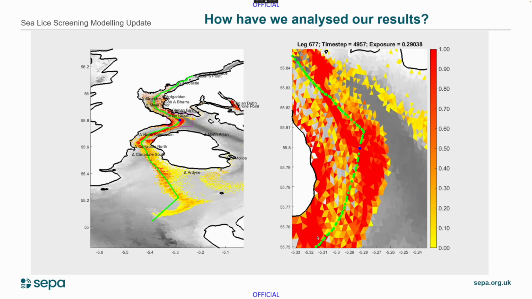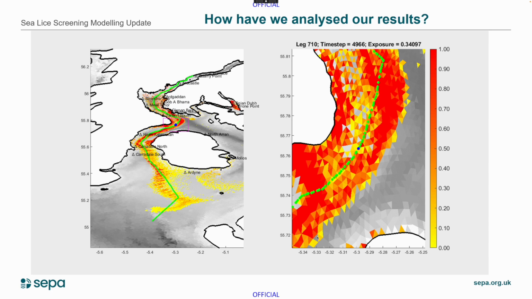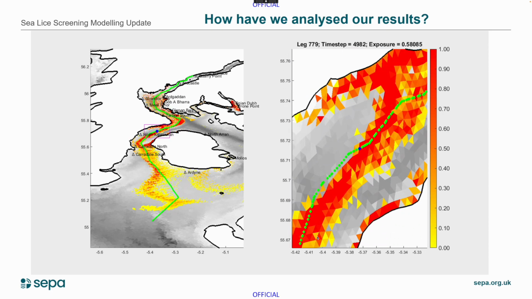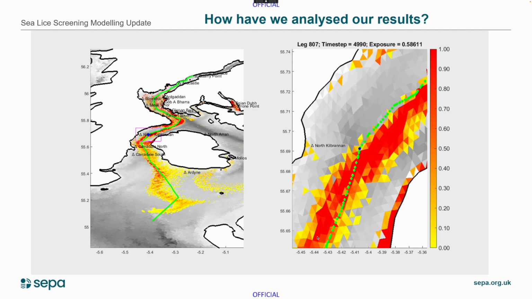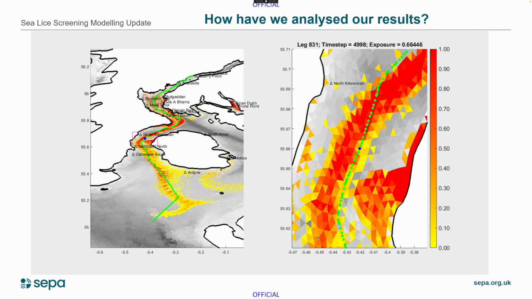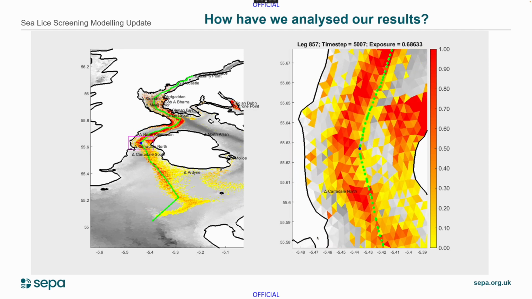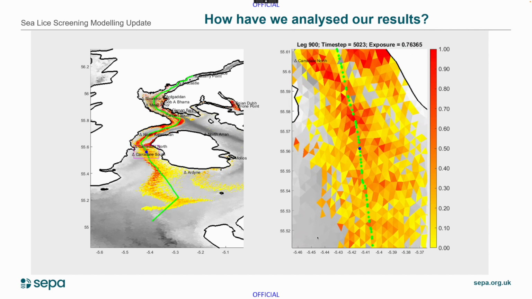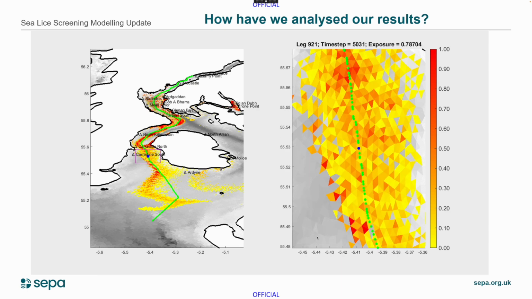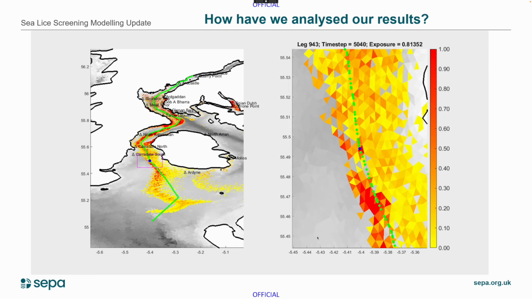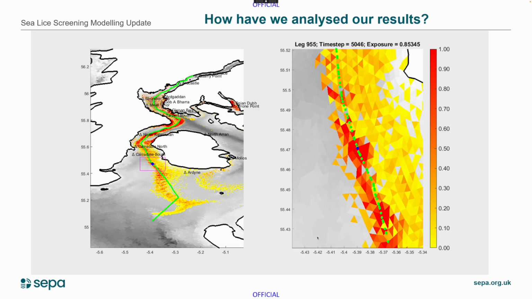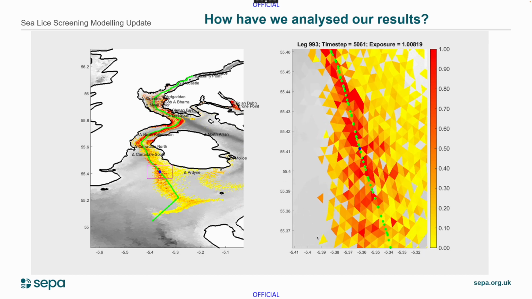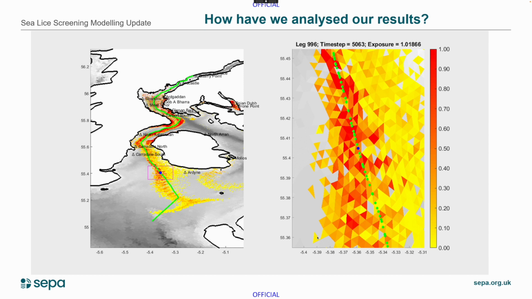The particles, or the model cells that are coloured in here, are made up of very many particles all released from the different sites. So at each point in time within the model, we can count the number of particles from all the different sites and add them up to complete a picture of where the lice are in the system over time. So this is the modelled lice.